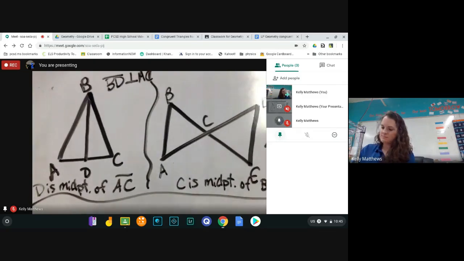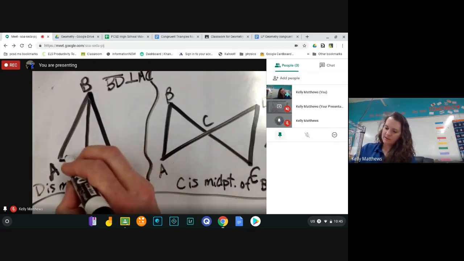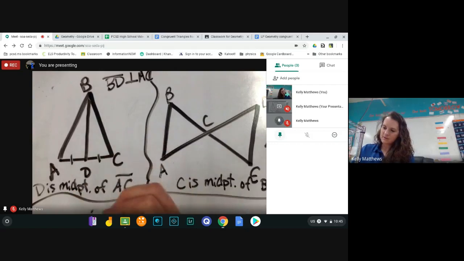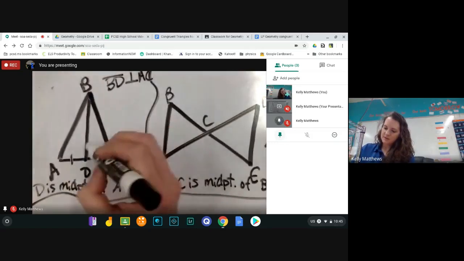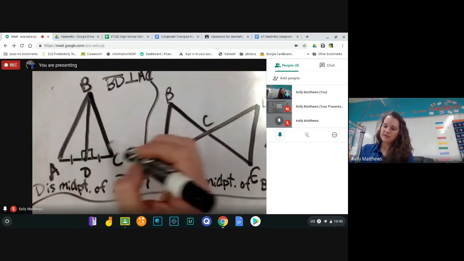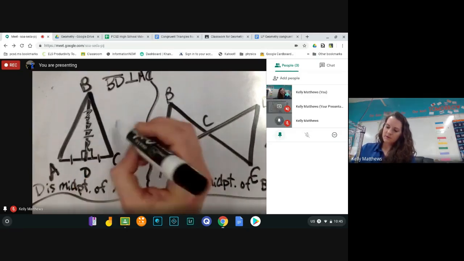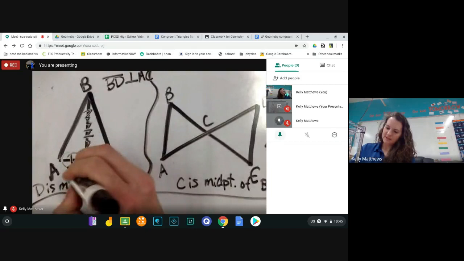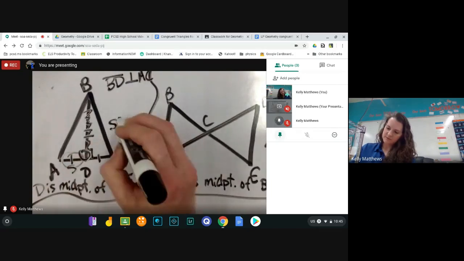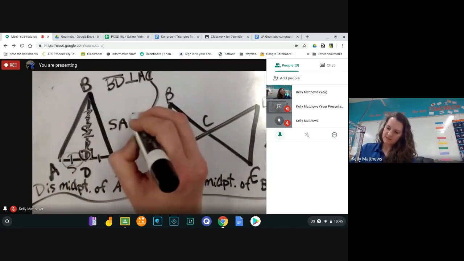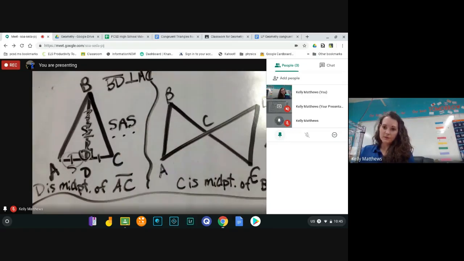All right, if D is the midpoint of AC, and we did one like this, then those pieces are congruent. If BD is perpendicular to AC, then those are both 90-degree angles. And we also see the shared side. So this would be, I have a set of sides, I have a set of angles, and I have another set of sides. So these are congruent by side, angle, side.